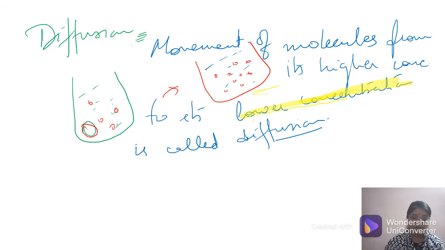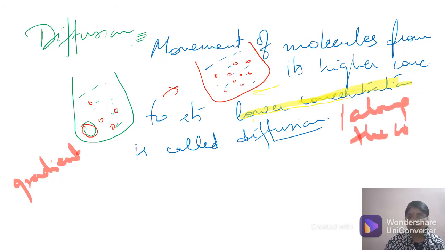When I'm saying that molecules move from higher concentration to lower concentration, we can also say that the molecules move along their concentration gradient. So first you need to understand what gradient is.